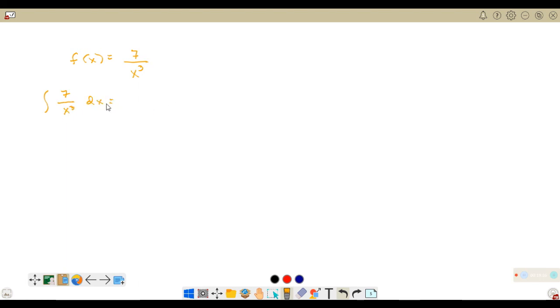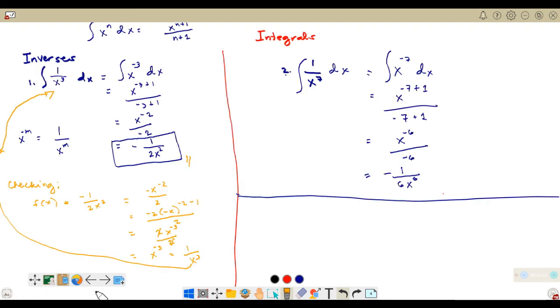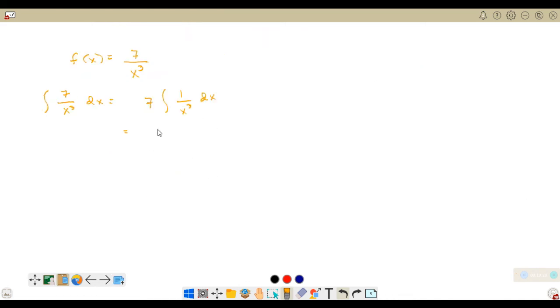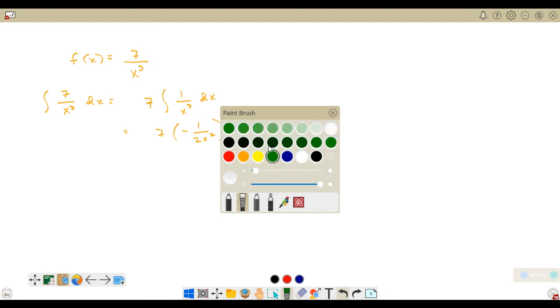It is equal to, labas natin si 7. So, you will end up with the integral of 1 over x cubed dx. Eh, di ba na-solve na natin to kanina, si x cubed dx? Balikan na lang natin yung kanina para hindi na tayo magsosolve ulit. That is negative 1 over 2x squared. So, 7 times negative 1 over 2x squared. This is the integral of our function here.